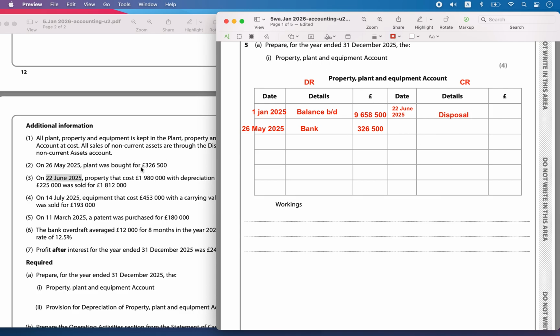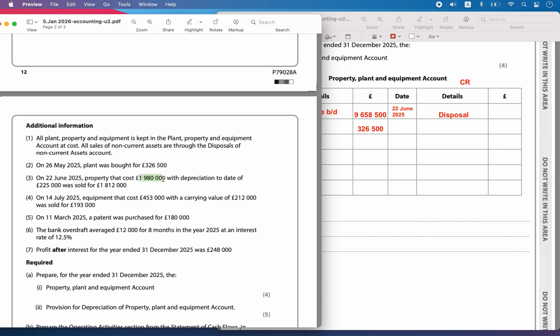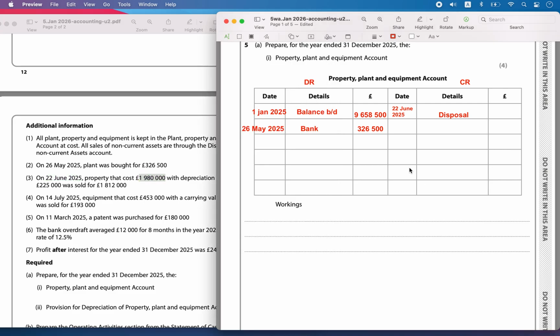The double entry for the property is the disposal account because this is disposed. So the cost value you will enter; the cost is this much amount.